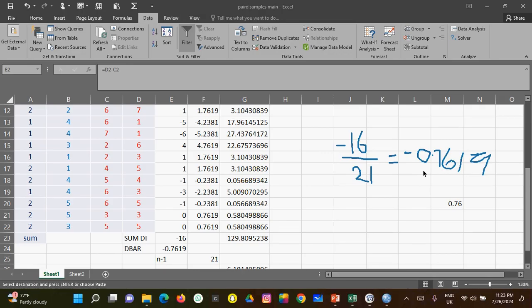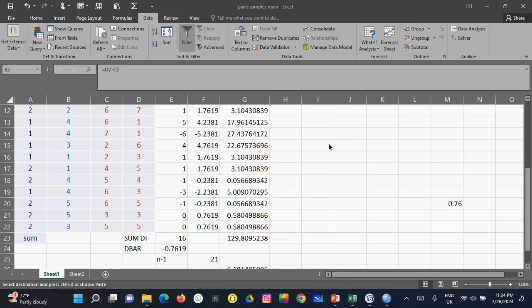But in solving for the standard deviation, where we'll be using d bar, for that one we are going to maintain the negative. But for solving for the t-test, for the mean, we are going to use the absolute figure instead.